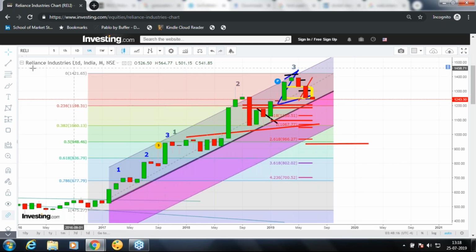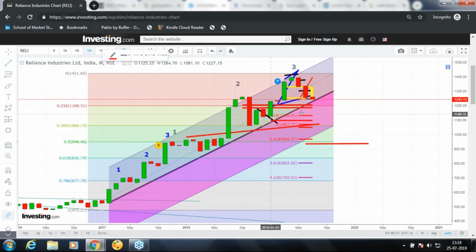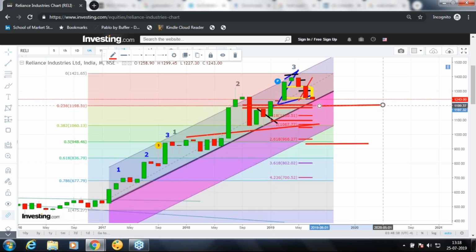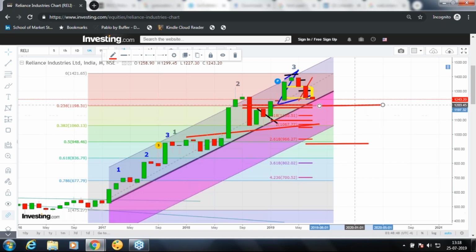So let's draw this also, because this is as per Fibonacci retracements where you expect a minimum retracement level of 23%, and ideally as per Gann it should be around 33%. So this 33% level would be somewhere around this level.